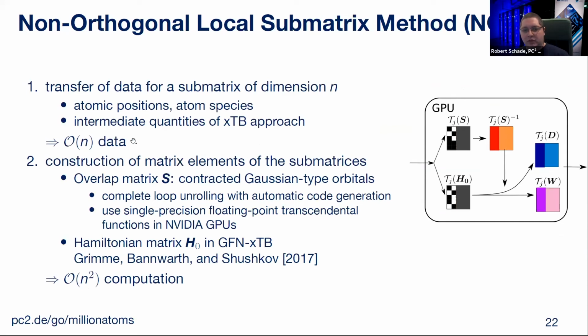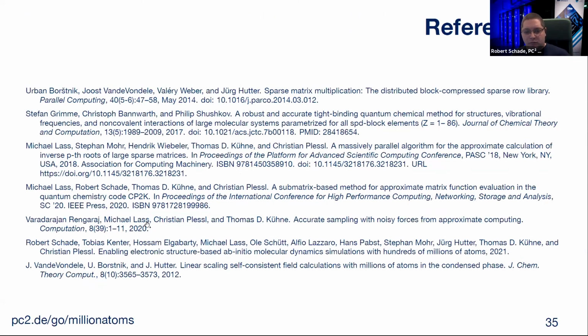In the first step, in the transfer, instead of transferring n by n matrices from the host to the GPU, it's now just a linear scaling amount of data, if n is the submatrix dimension. In the second step, for the construction, we have to construct the overlap matrix and the Hamiltonian matrix, which is a quadratically scaling step.